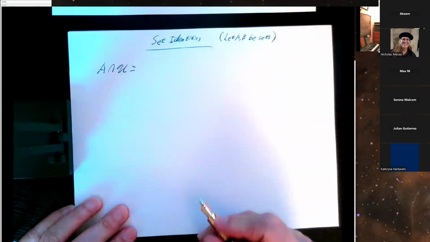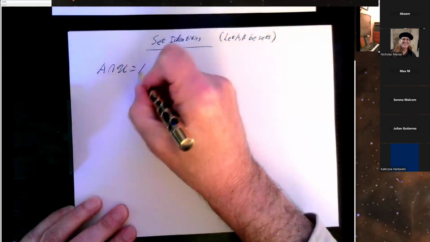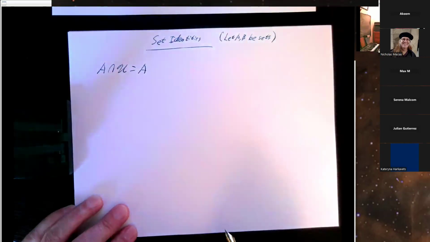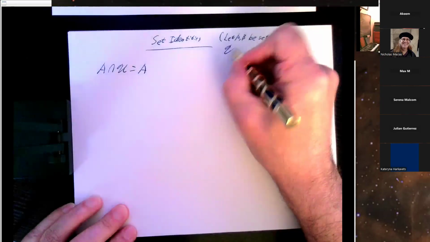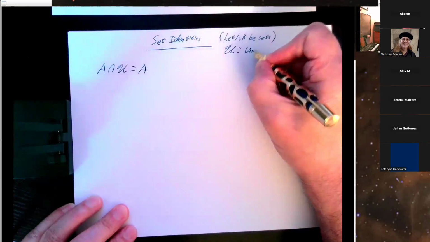If we take A and we intersect it with the universal set, we get A. So reminder, U equals the universal set.